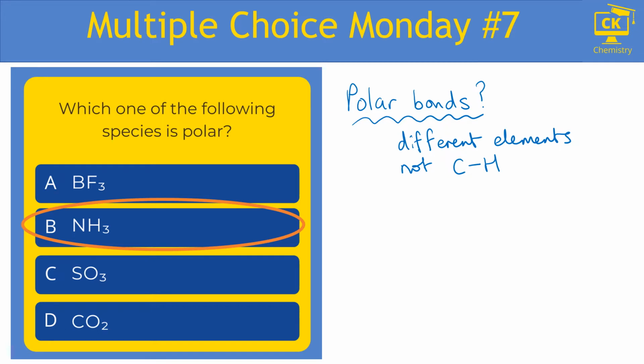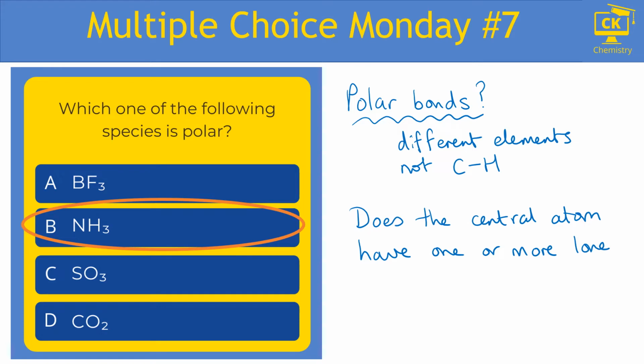So the next thing we need to look at is whether or not those polar bonds, those delta plus, delta minuses, are cancelled out by the symmetry of the molecule. Now we could sit and think a long time about what shape the molecule is and whether it has symmetry. But actually the easiest thing to look at is, does the central atom have one or more lone pairs?